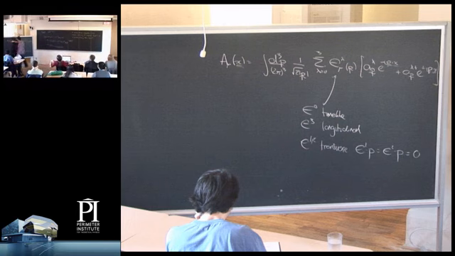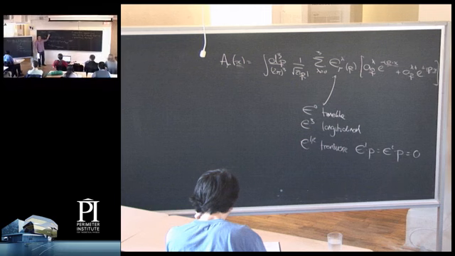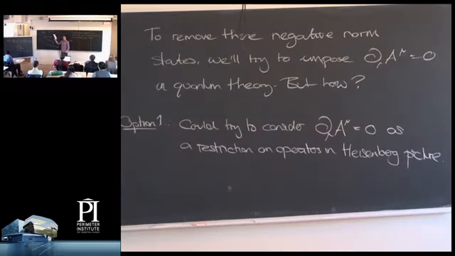You can just get rid of the squiggles and put a minus sign there. Okay. So now this is certainly an equation which makes sense if A is an operator in the Heisenberg picture. So you might think, well, I'm not going to consider any operator in my theory. I'm only going to consider operators that obey this constraint.